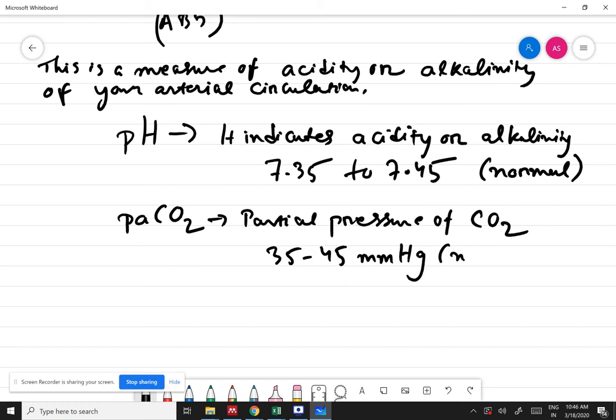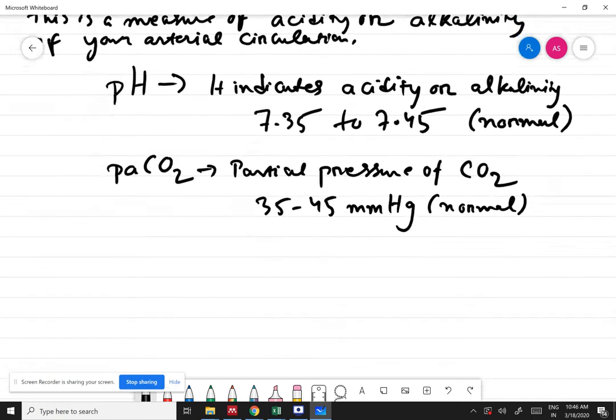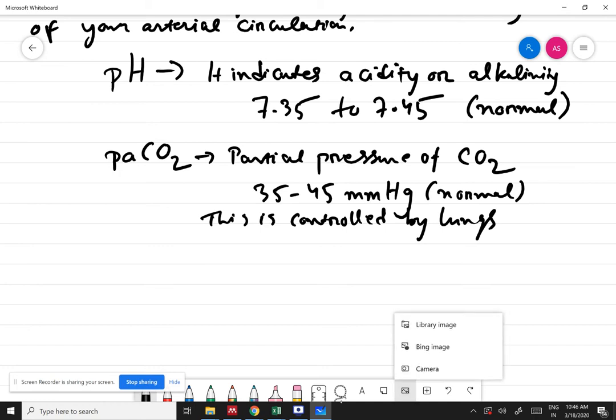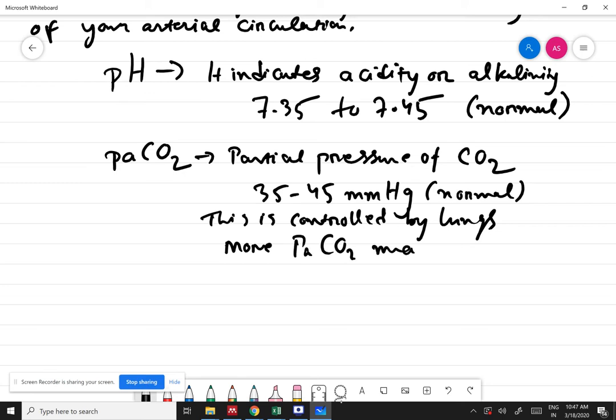It is controlled by the lungs. Okay, and more PaCO2 means the blood is more acidic.